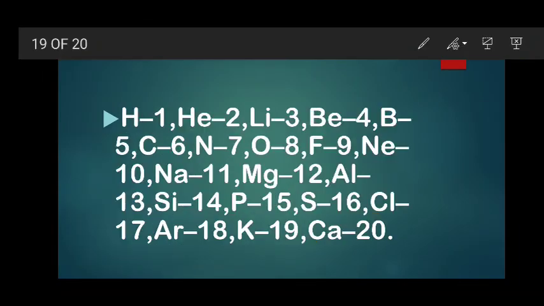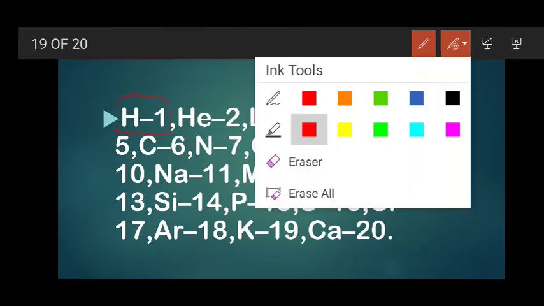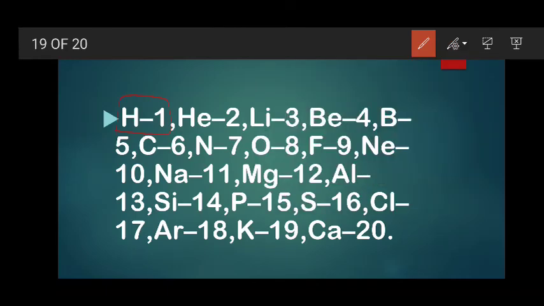Clear? So for balancing the chemical equation, you should know how to write the formulae, and for writing the formulae, valency is very important, and to know the valency, atomic number is very important. So now in this video I am telling you about the atomic number.